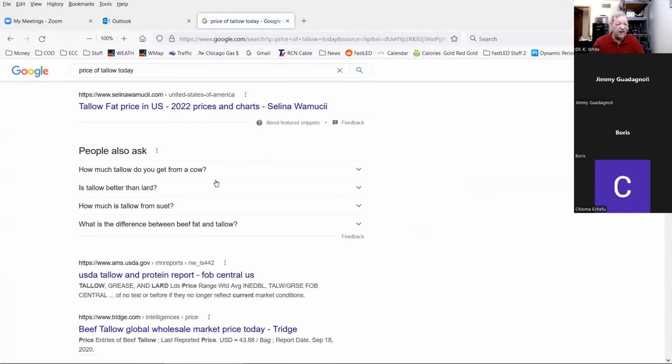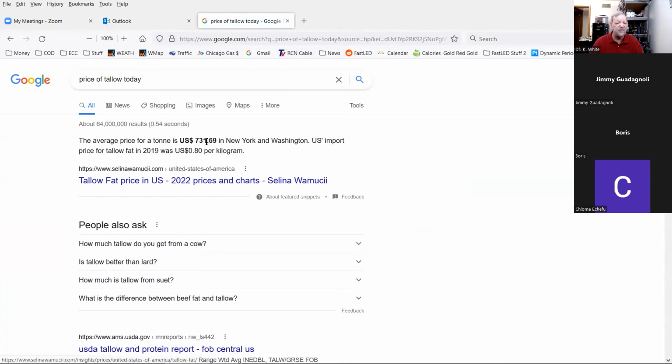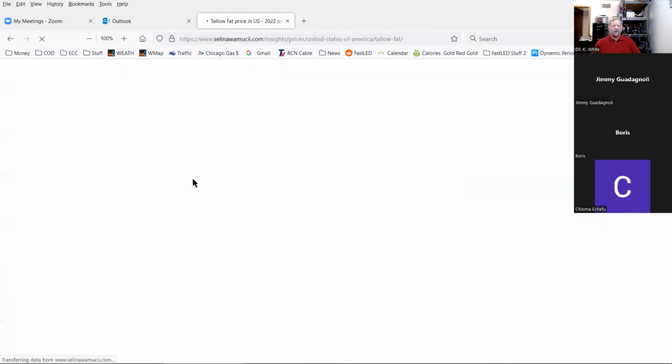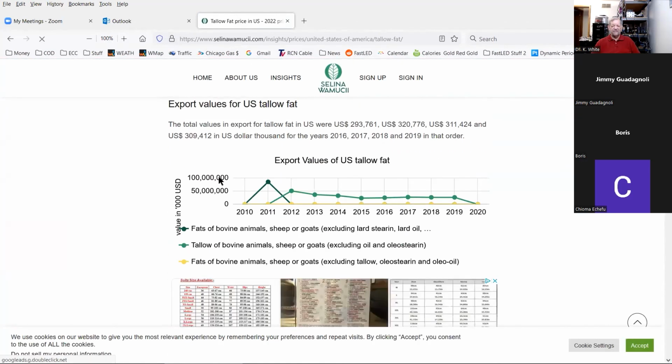Here's another company, but this is price per ton, and here's per kilogram in 2019. Let's see how much they show you. And they only go through 20, and it's come down.